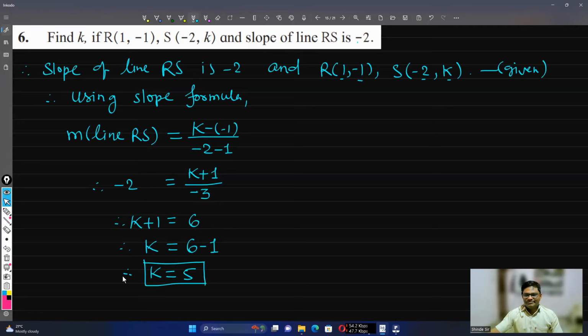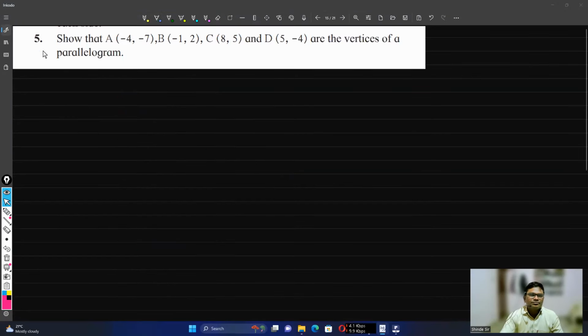Now let's move towards the previous problem, problem number 5 of the same practice set. Problem number 5 states: show that A, B, C and D are the vertices of a parallelogram. Joining points A, B, C and D, we get a quadrilateral, and we have to show that the quadrilateral is a parallelogram.